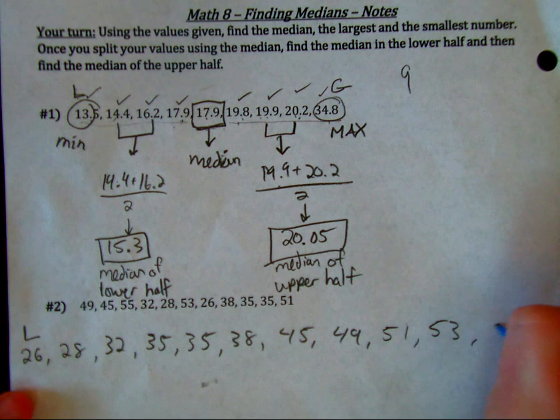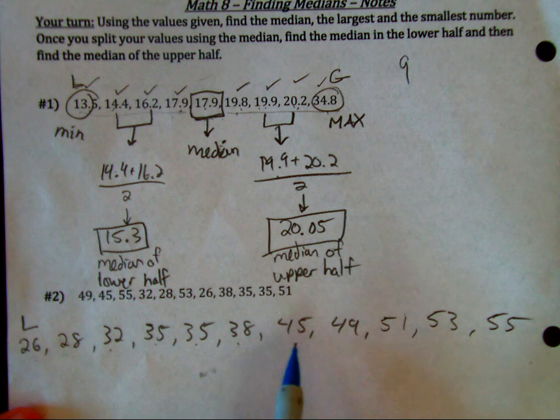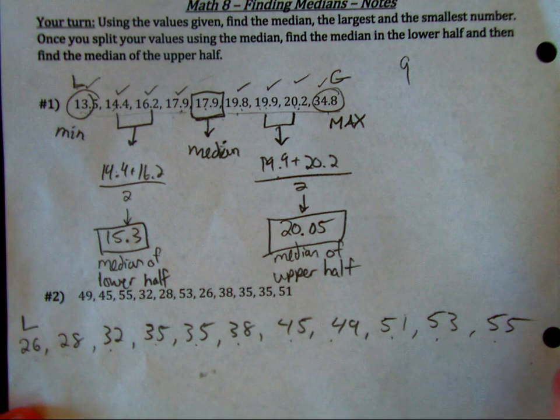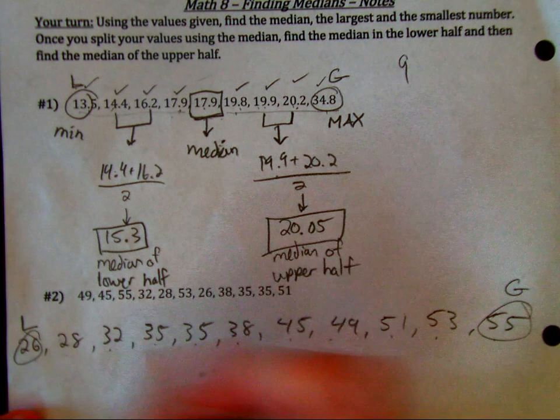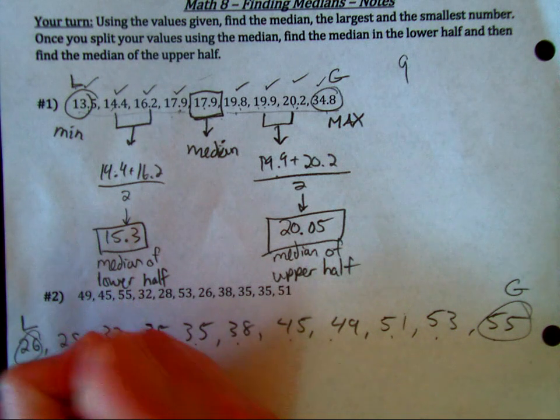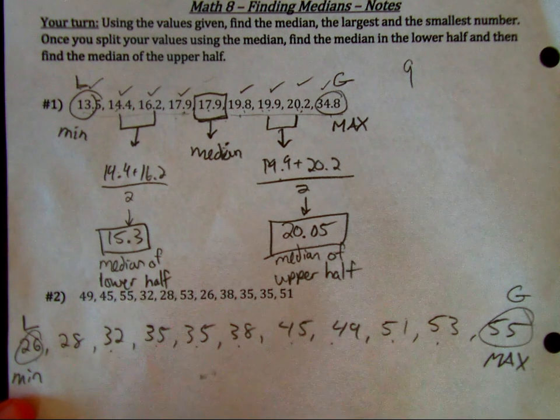How many numbers do we have? 1, 2, 3, 4, 5, 6, 7, 8, 9, 10, 11. At the very end, we have our greatest and least, or the min and max. So we have an odd number, and we're just going to have one middle number.